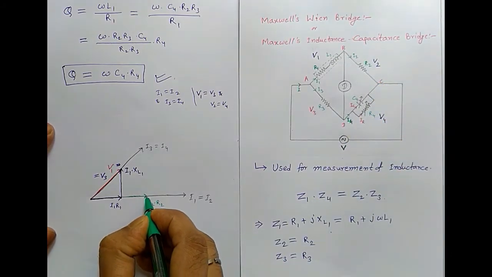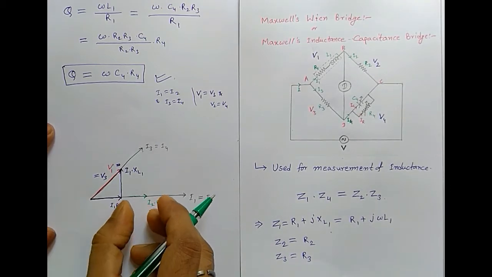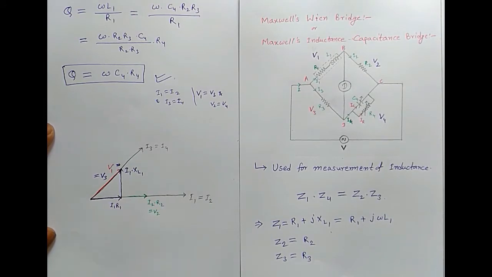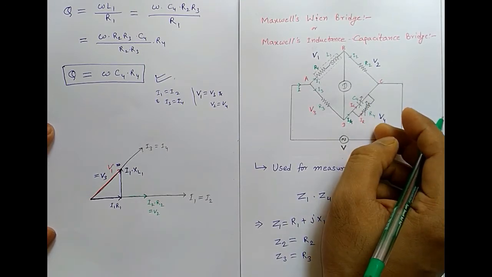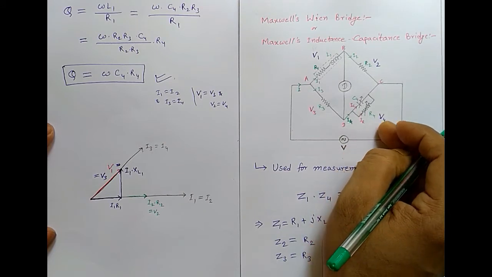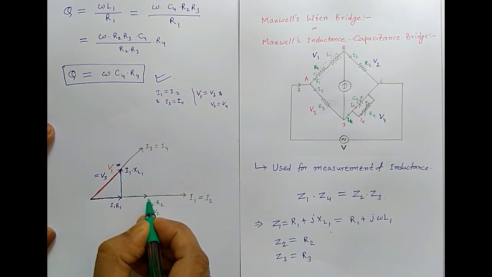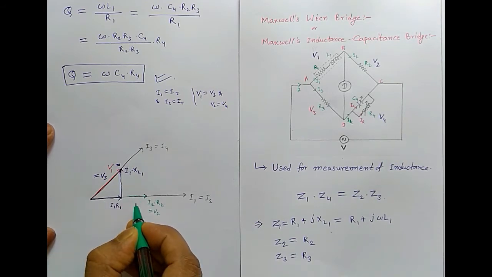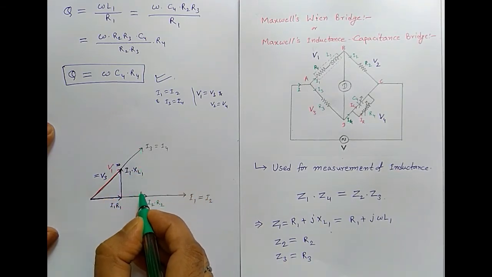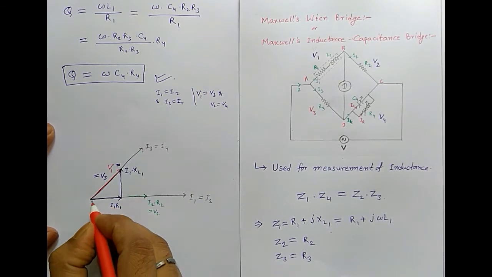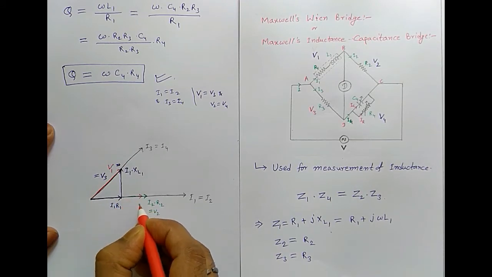That means this is the magnitude of V4 as well. If we know V4, then the direction of IR will be on the same line as V4. Let us assume this is IR.